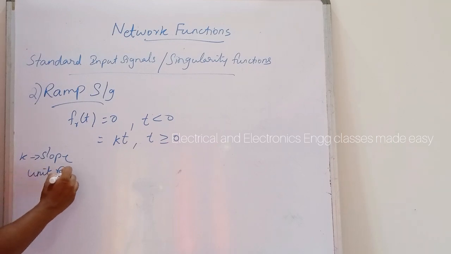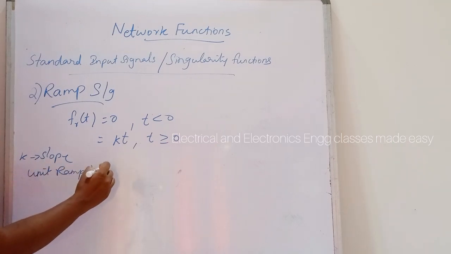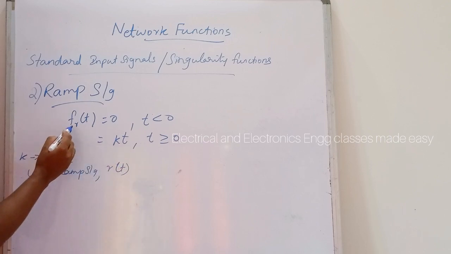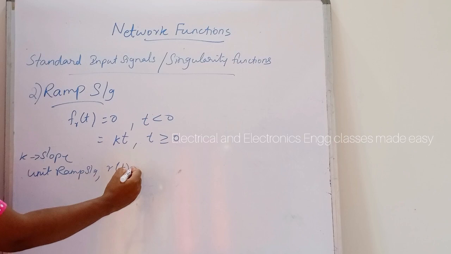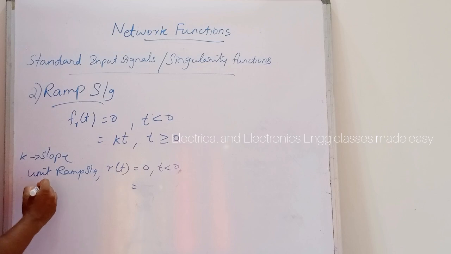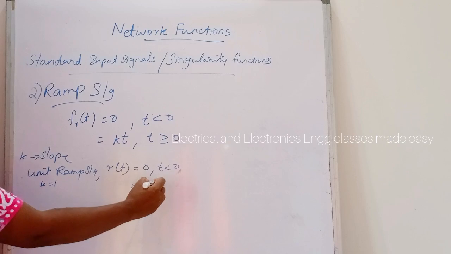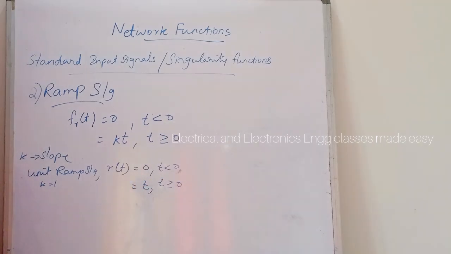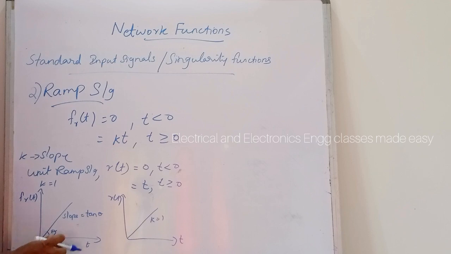So unit ramp signal is defined as r of t is equal to 0 for t less than 0 and equal to t for t greater than or equal to 0, for k equal to 1. The ramp signal is represented like this. Here the slope is tan theta, and this is the unit ramp signal representation, where k is equal to 1, that is, the slope is equal to 1.